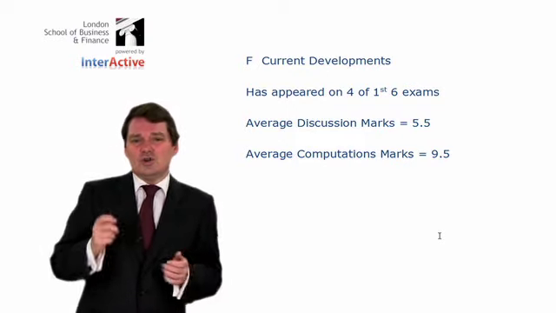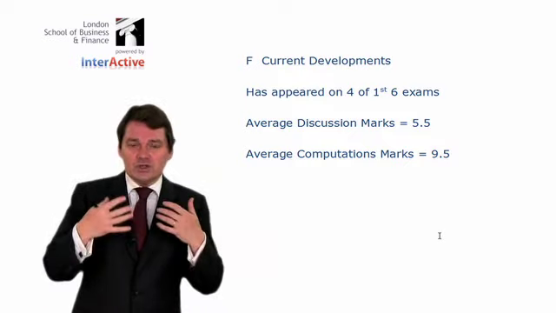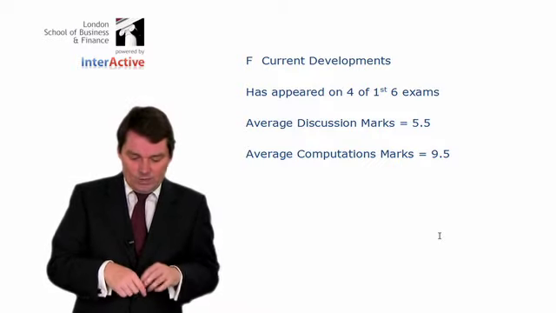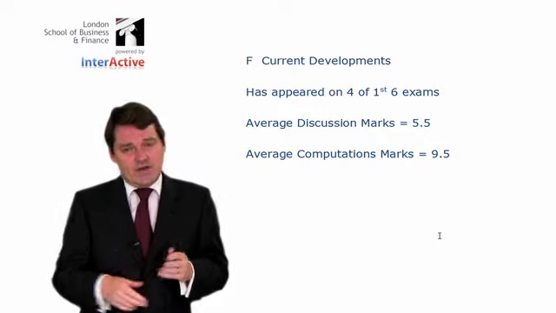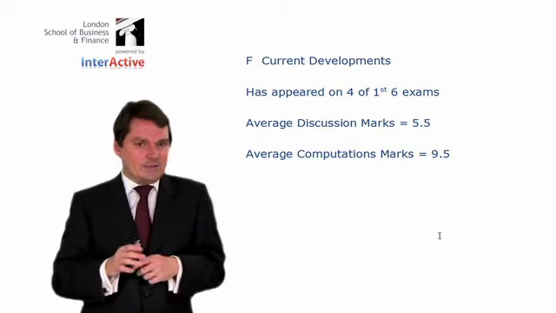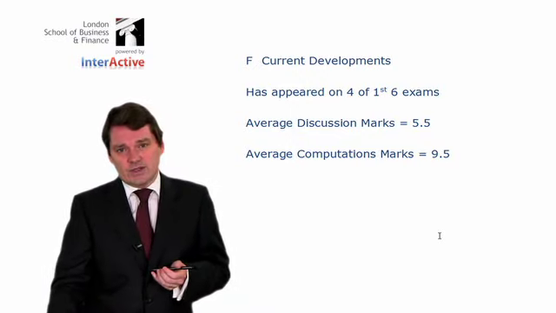So why don't you just stick with what you've done for the last 40 years? What makes you change? What should you change to? That's what we've got here. Now, discussion marks, 5.5. Curiously enough, this is the only section where there have been more numbers than there has been writing, 9.5. It's appeared on 4 out of the first 6.